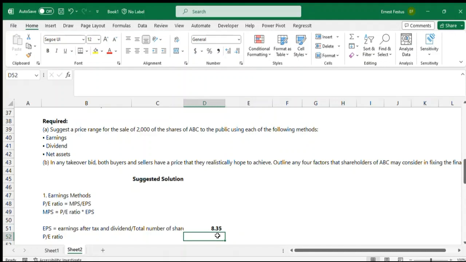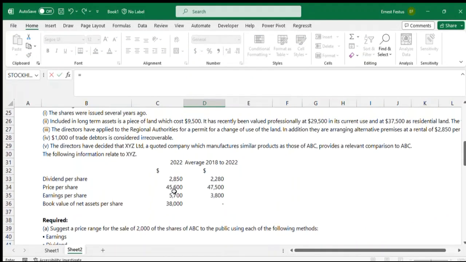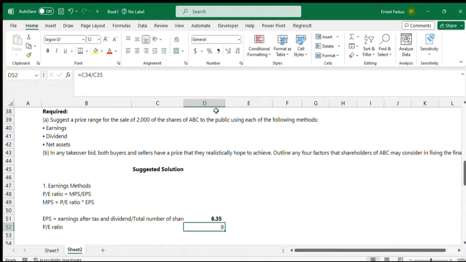So we have equals the market price per share, which is 45,600, divided by our earnings per share, which is 5,700. I will get that, and let me increase the decimal places. So that is exactly it.